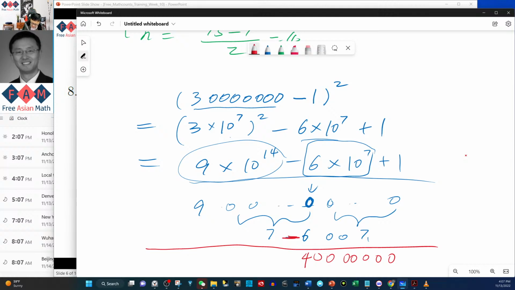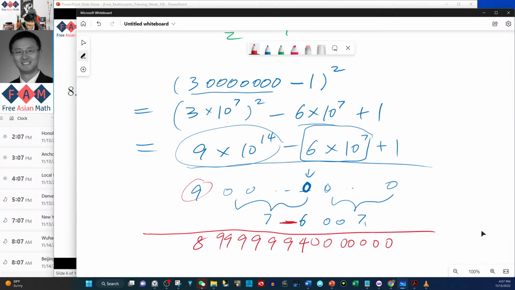Then everything else becomes 9. And 9, 9, 9, 9, 9. How many 9s? It must be 6. Because including this one, we have 7 zeros. 6, 9. And then this 9 will become 8. Because we have borrowing at every digit from that point on. And at this step, nothing changed to the last 7 digits. They're all 0, but don't forget we have to add 1, so this becomes 1. Now we know this weird number.